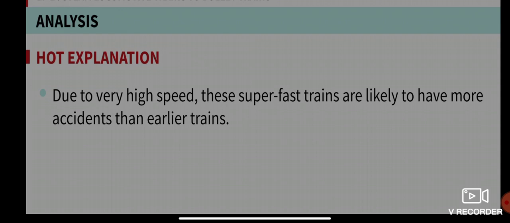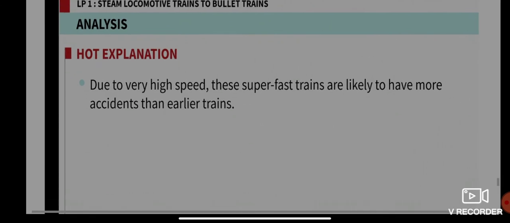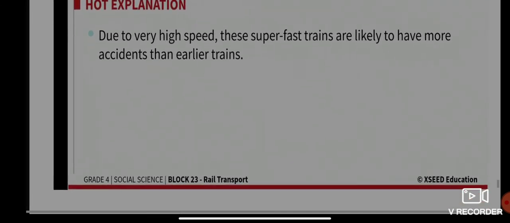So that is the problem which the super fast train might have, and the old train may not have.